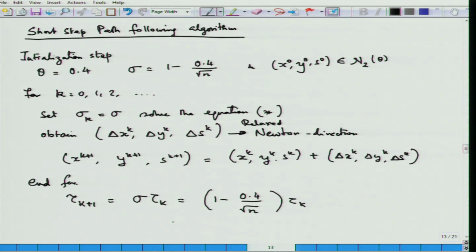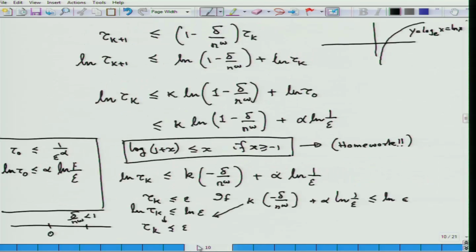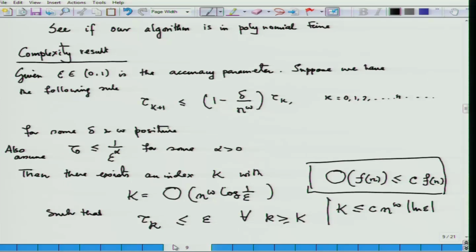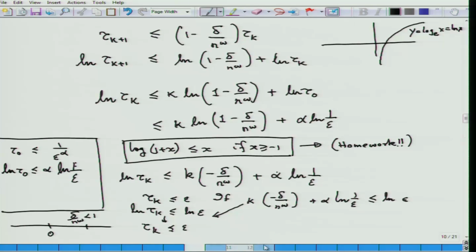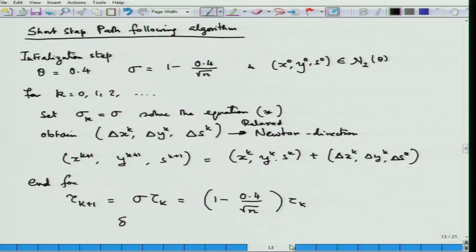So, here my delta is 0.4, which is same as theta. I am having everything in this form, and my delta is 0.4 and my omega is half. Omega is half.